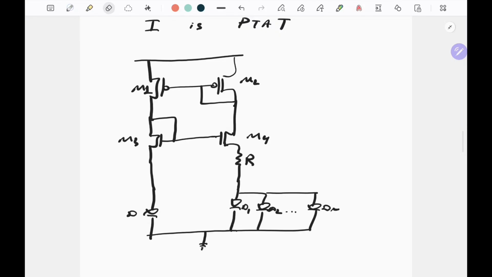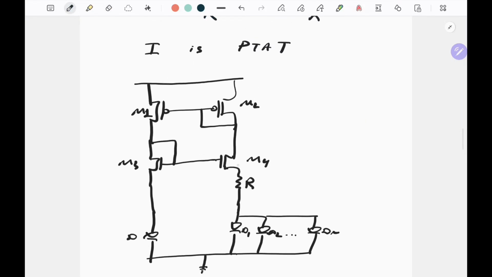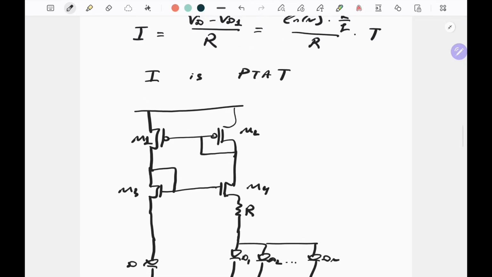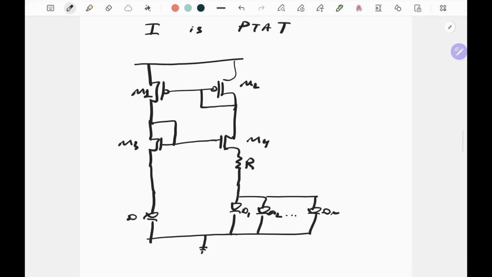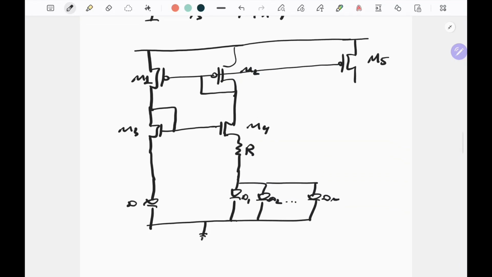So what we do next, so we know that the current that flows into this resistor R is PTAT. So what we do next is we add an additional current mirror here. So let's call it M5 with gate connected, of course, like this.